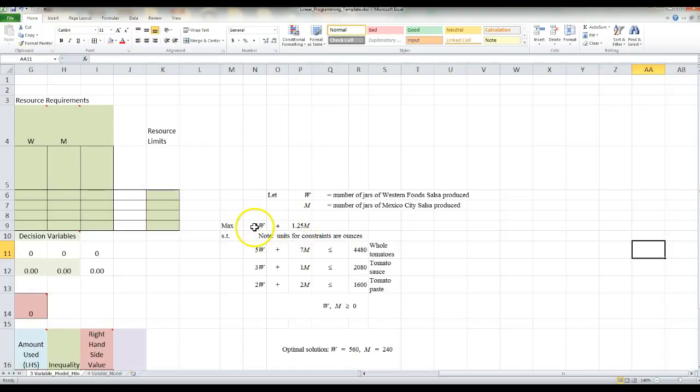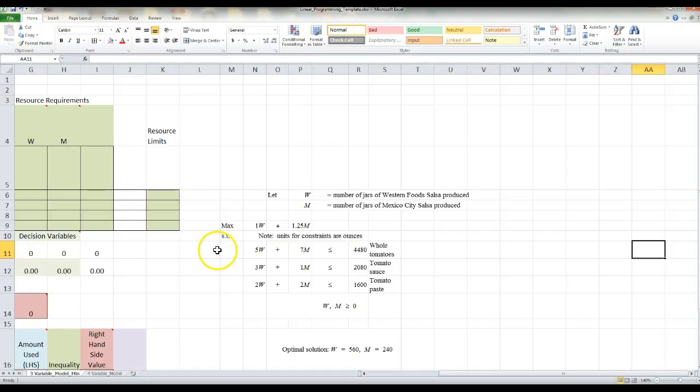So that's the objective function that we want to maximize. And then of course we would write 3 constraint equations for each of the 3 ingredients that we have a limited quantity of. And in all 3 cases, the amount that we use has to be less than or equal to the total amount of ingredients that we have.